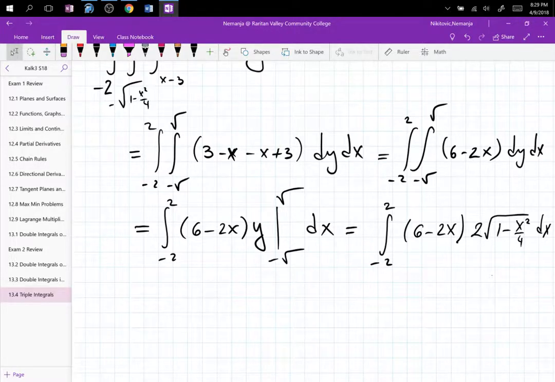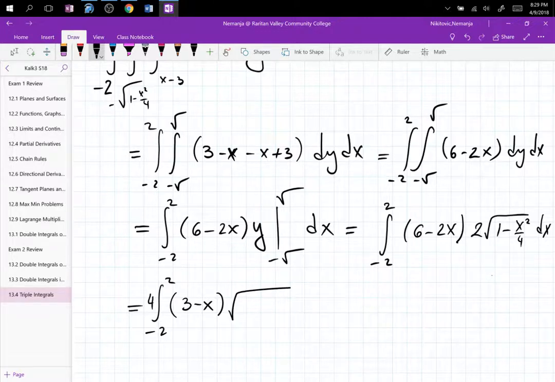And all we need to do is to integrate this. It's Calc 1, I mean Calc 2. So integral from negative 2 to 2. Well, let me first, I can factor out 4, if that's going to help. Kick out 4. We have 3 minus x times the square root of 1 minus x squared over 4 dx.